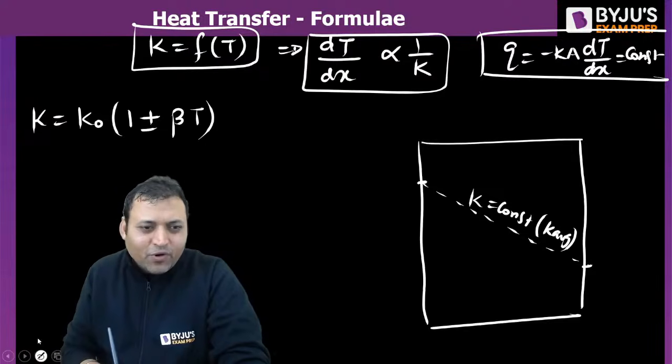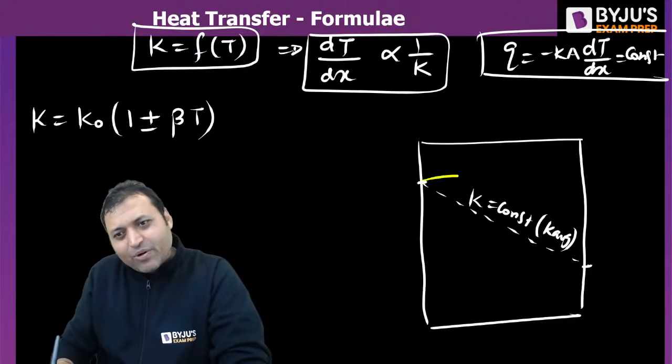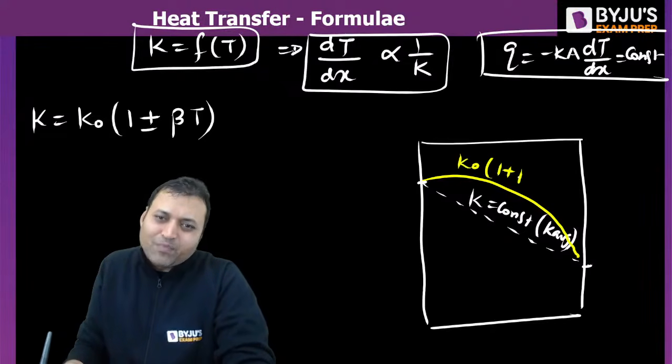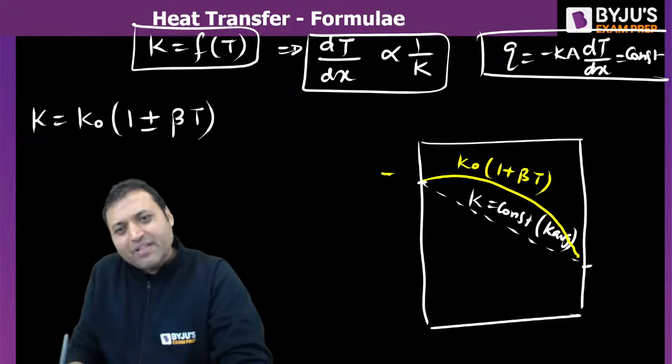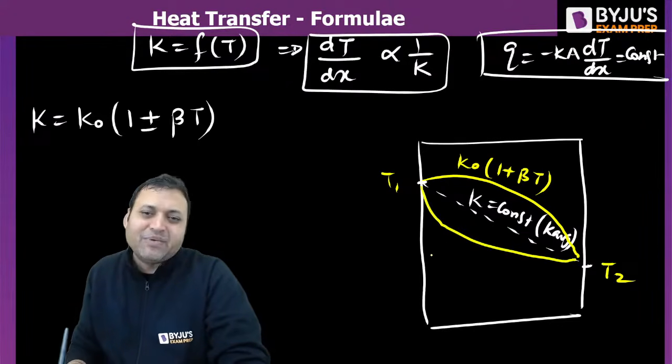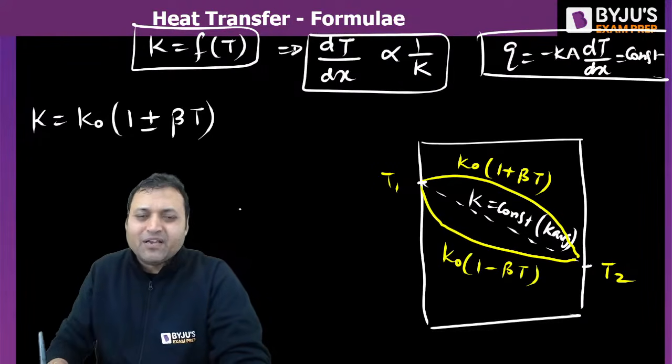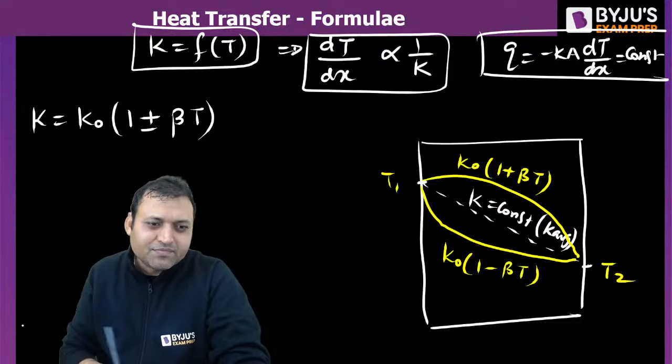For K naught 1 plus beta T, this is the temperature profile, this is T1, this is T2. And for K naught 1 minus beta T, this will be the temperature profile for the plane wall.